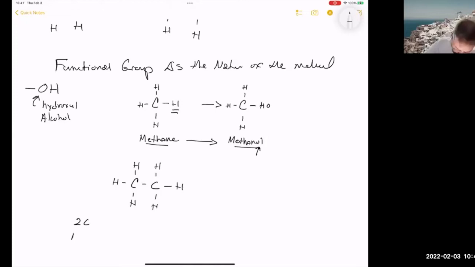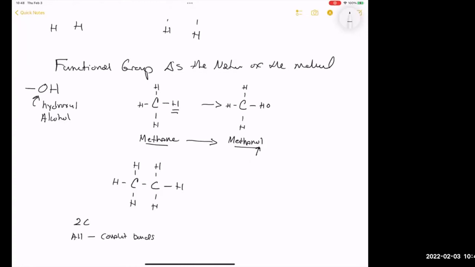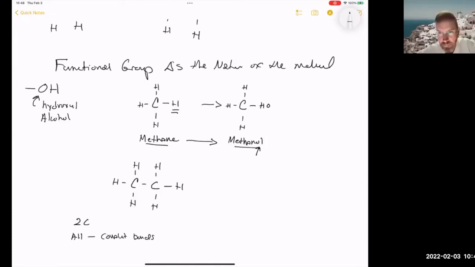So what would you call that hydrocarbon? 2 carbons, all single covalent bonds. Ethane. Yeah, you got it. Ethane. Good. So eth means 2 carbons. Ane means it's an alkane, all single bonds.